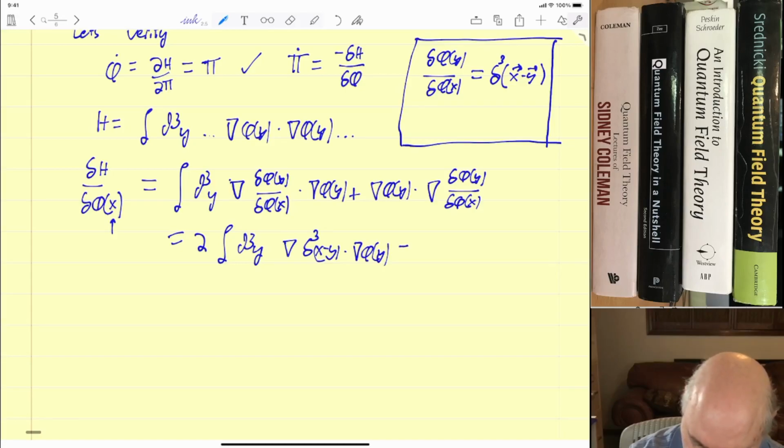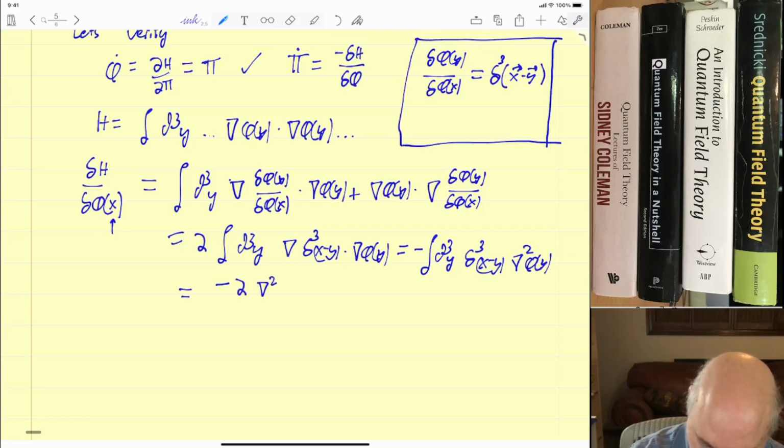Now we can do integration by parts. And now we just do the usual evaluation with the delta function. So this is equal to minus 2 del squared phi of x.